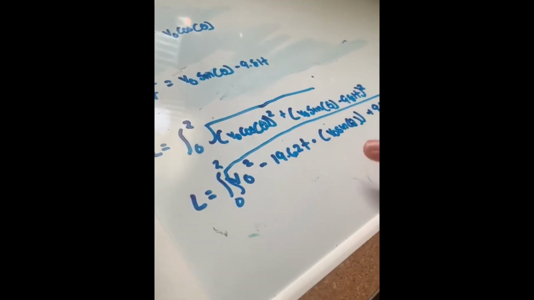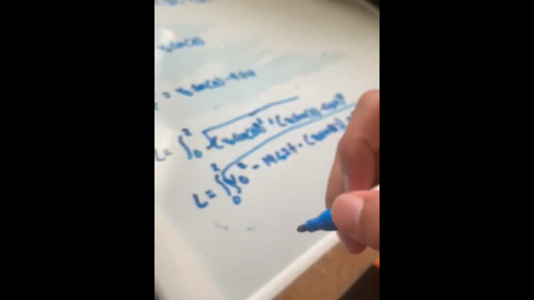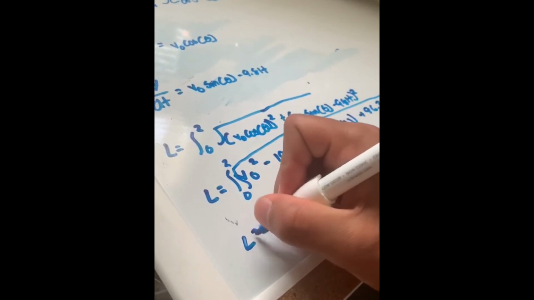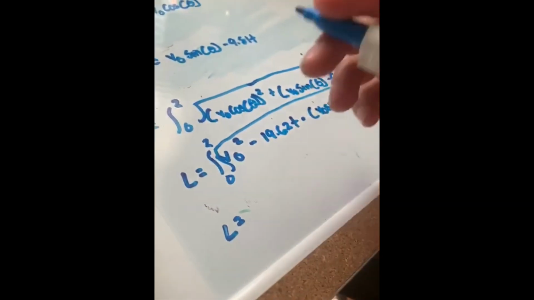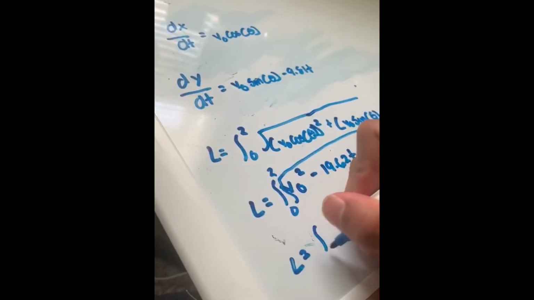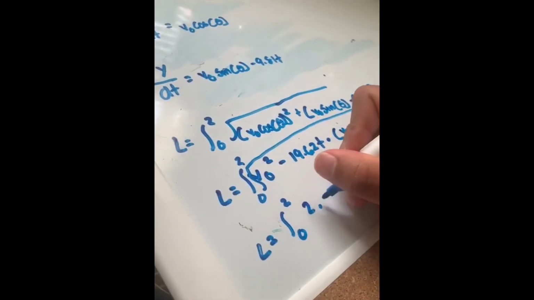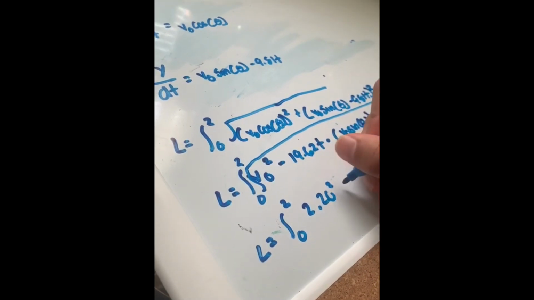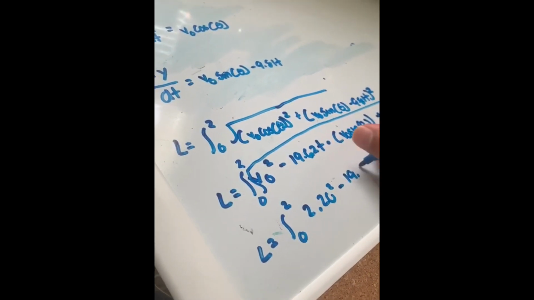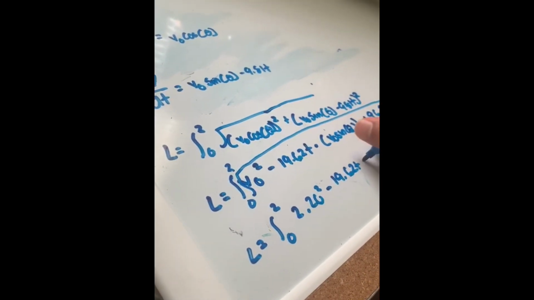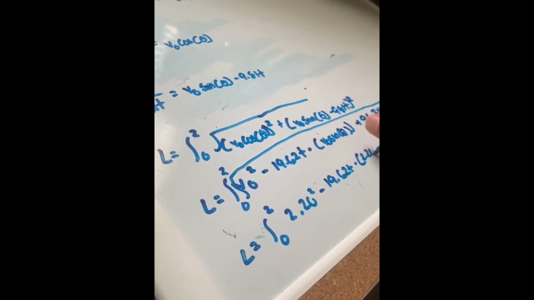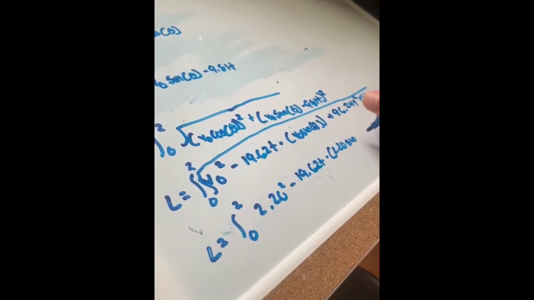Okay, so I FOILed and I simplified the equation. So now all I have left to do is plug in the initial velocity and the angle at which he shoots it. Both are given to us. The angle is 45 degrees and the initial velocity is 2.20 meters per second.